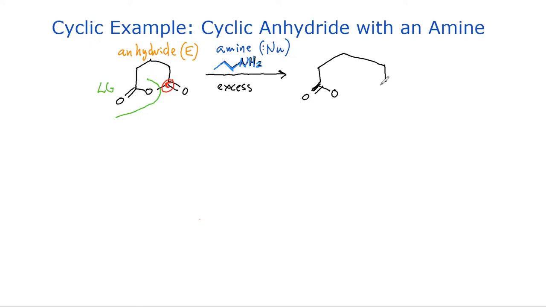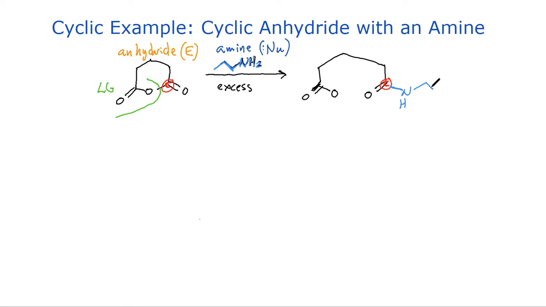We're going to end up making an amide, so we'll put the carbonyl this direction so that it's a little easier to see. And remember, this is our carbonyl carbon that we chose to react. And then we're going to connect that to our nitrogen.